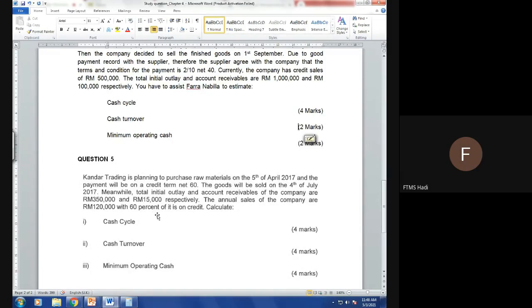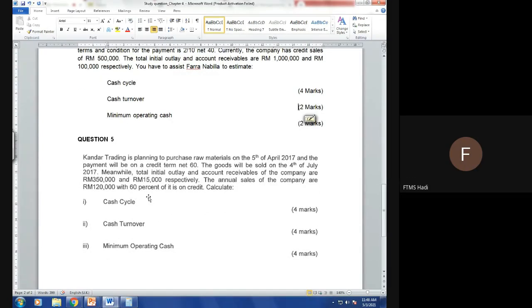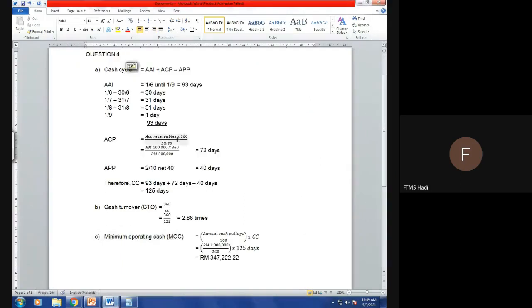Let me visit a little bit of question 5, especially this information. If you read this carefully, the annual sales of the company are 120% with 60% on credit. What that means is when you calculate ACP, you need to multiply by 60% as well.